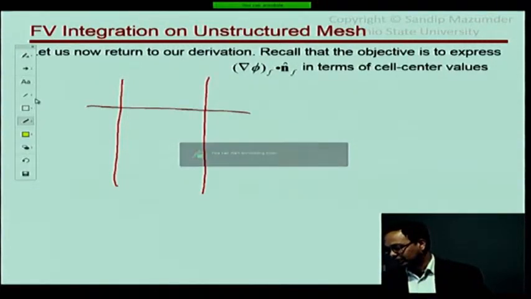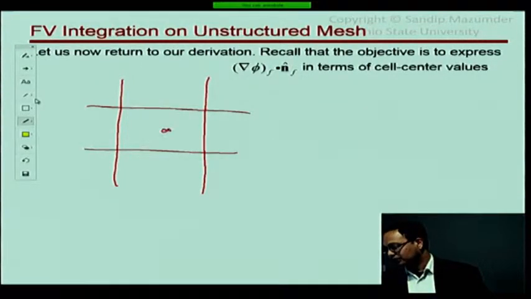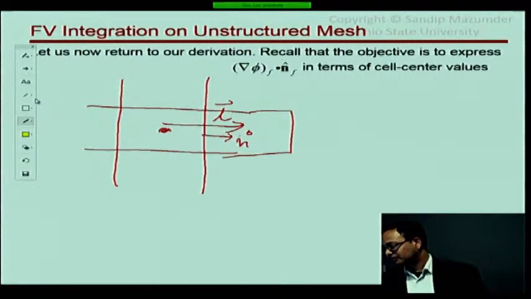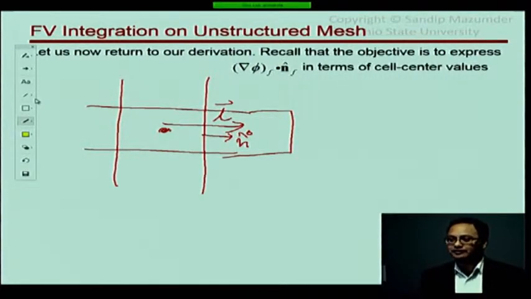Here are two cells, here is my L vector, and here is my N vector. So obviously they are co-aligned. And then the extrapolation to that is people think that's the only case where it's co-aligned. You've got to have a perfectly Cartesian mesh, otherwise they are not going to be co-aligned.